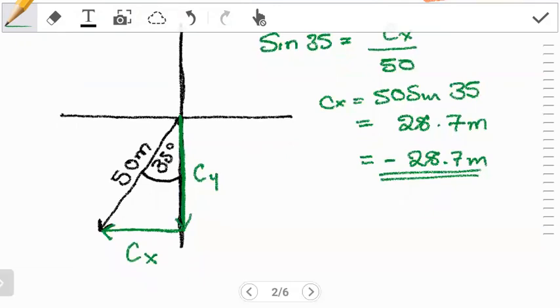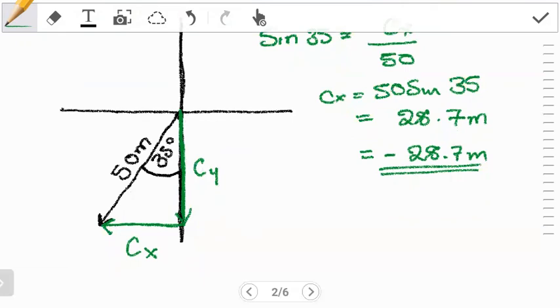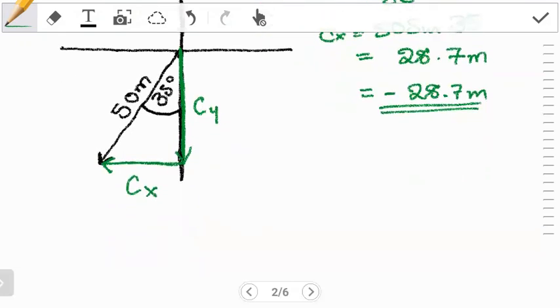How about Cy, the y component? Well, the y component is also going downward, so we'll have to remember to put a negative here manually with this method. So how do we get it? The y component and the angle are adjacent to each other, so we're going to use cos here. Cos 35 equals the adjacent, Cy, over the hypotenuse, 50.